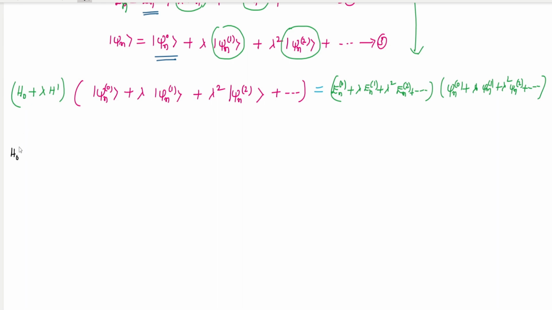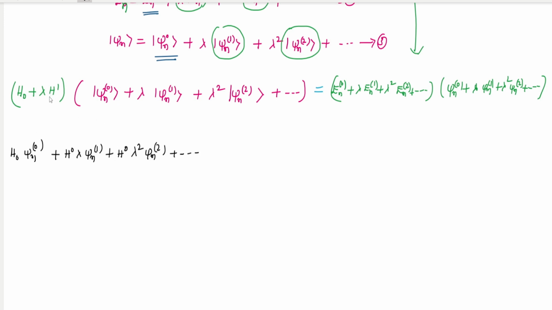H naught psi n power 0 plus H naught lambda psi n power 1 plus H naught lambda square psi n power 2 plus and so on. H naught term is enough: 0th order, first order, second order.